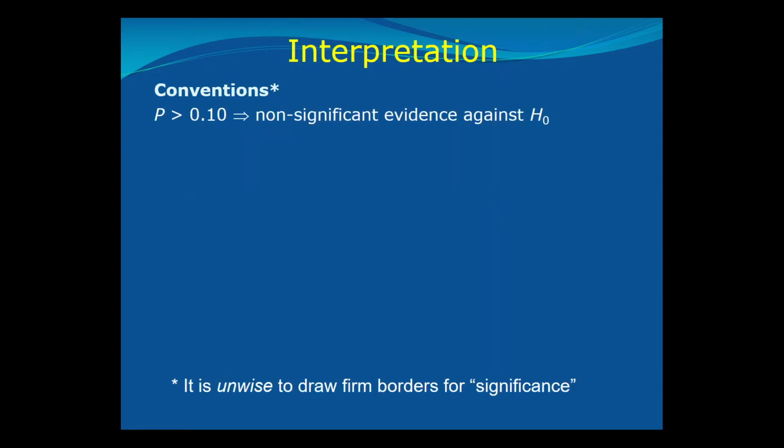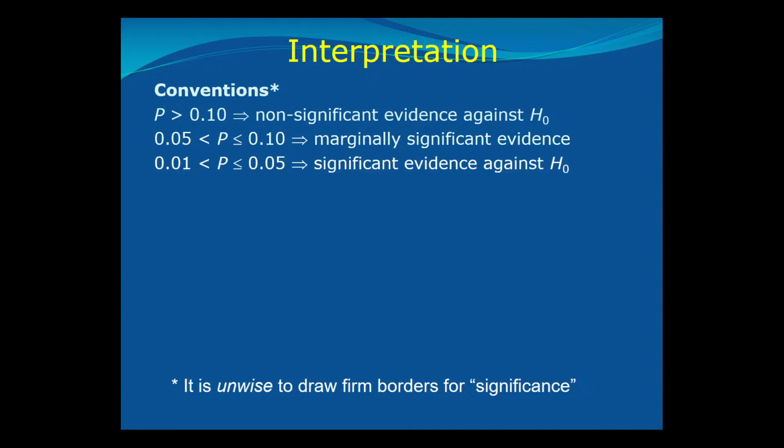Let's look at the conventions. If we get a p-value greater than 0.1, we can make our conclusion: there is no significant evidence against H0. If the p-value varies from 0.05 to 0.1, our conclusion is marginally significant evidence.